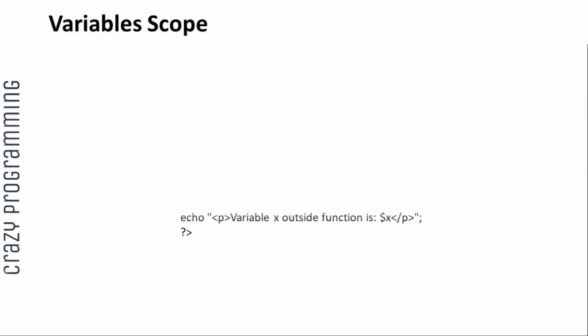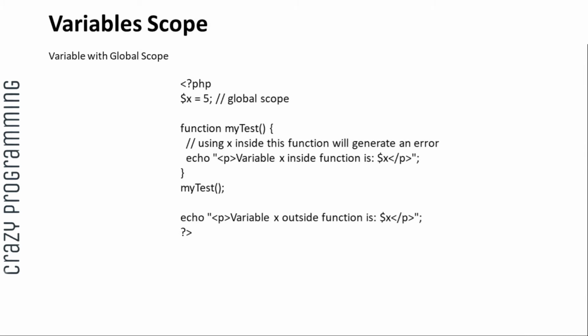After that, we will see another variable scope, that is variable with global scope. To write with global scope, we write PHP $x equals to 5, and you can see we created a function myTest. Inside that we write echo. Echo is used to print any string or variable. We call the function, but it will not work.